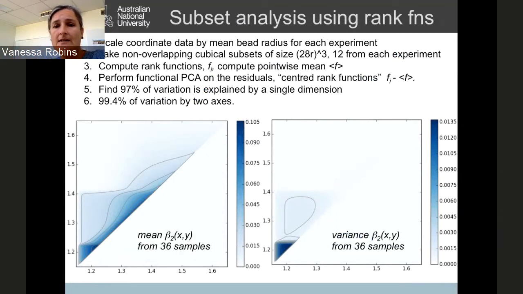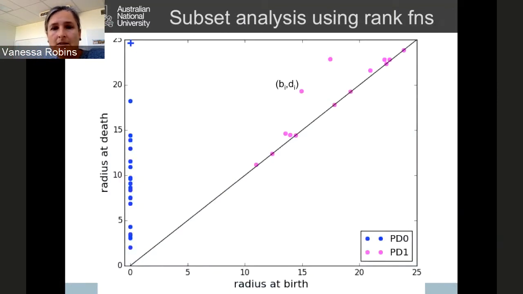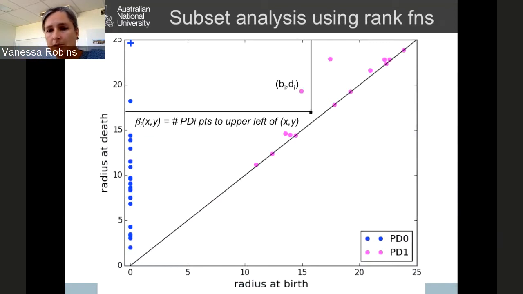And the way Kate Turner and I developed in our paper was to look at the rank function. So the rank function means we transform a persistence diagram, which is a collection of points, into something that's really a function in the plane, a function of two variables.